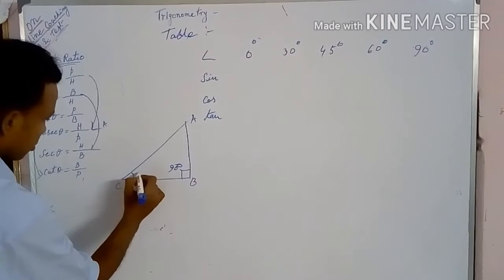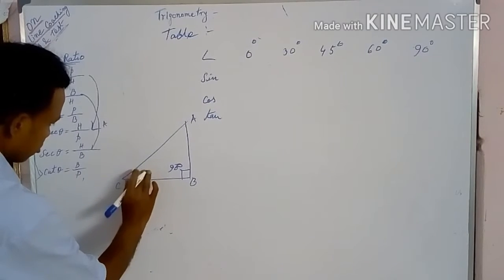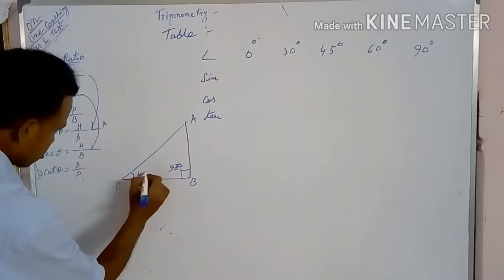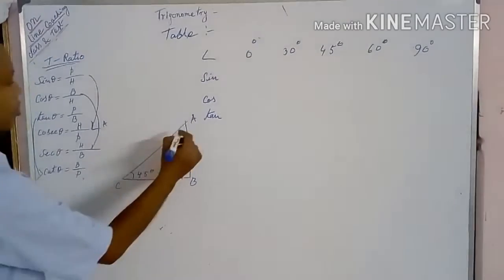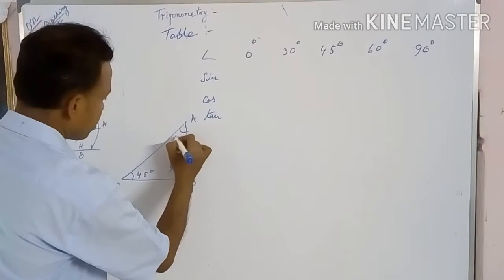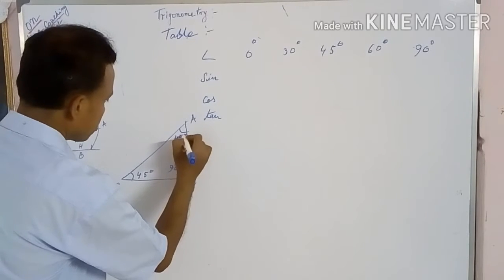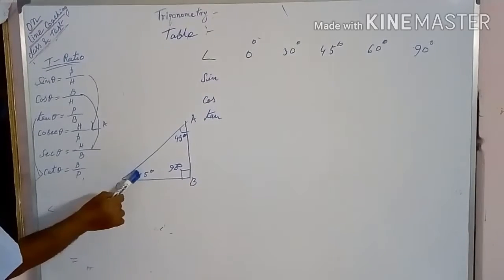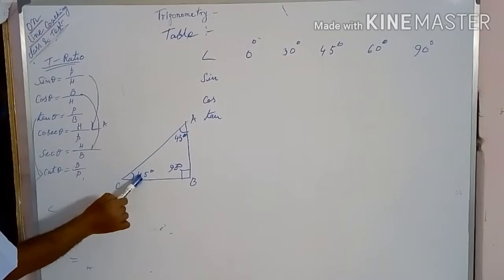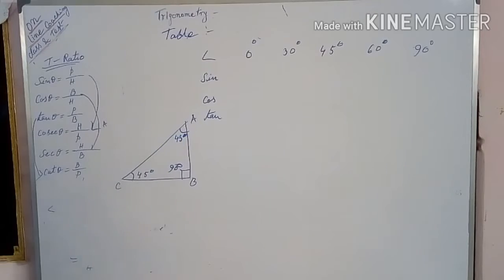Suppose angle C is 45 degree. Since it is 45, then angle A must be 45 degree, because this is 90 degree and this plus this is equal to 90 degree. So if this is 45, this must be 45.